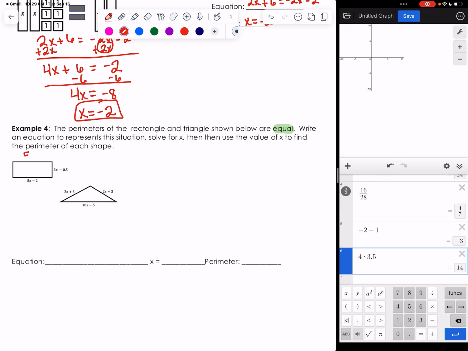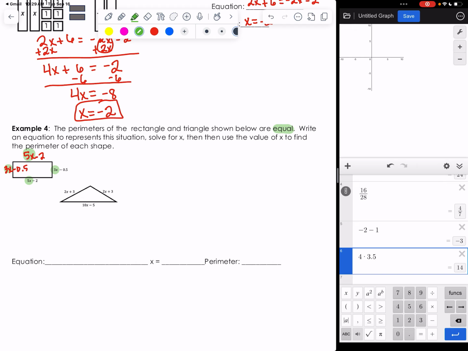So in this rectangle, the top would be 5x minus 2, and the left side would be 3x minus 0.5. So if I added up all four sides, I would add this, this, this, and this.